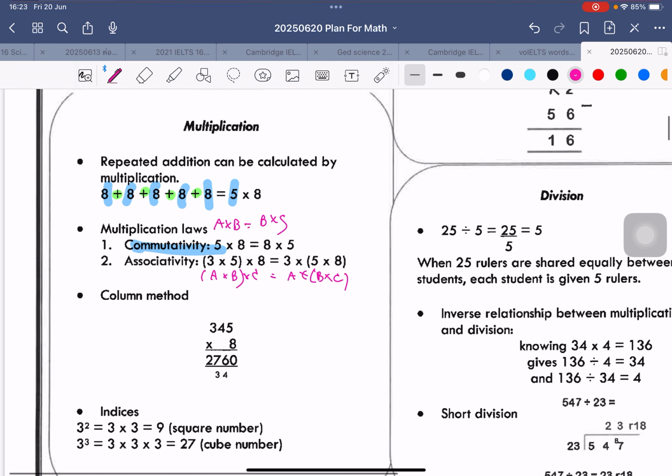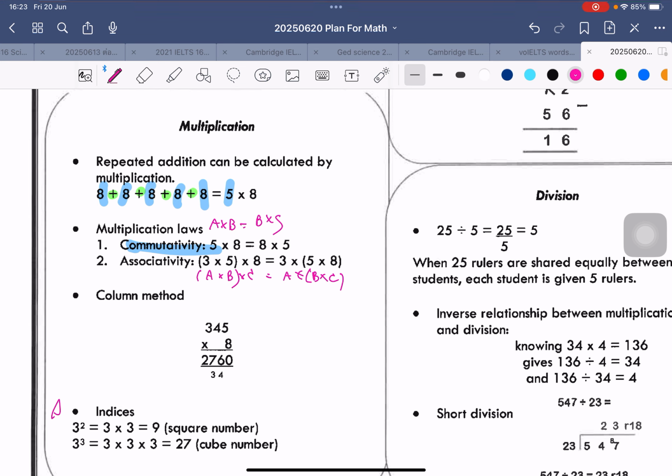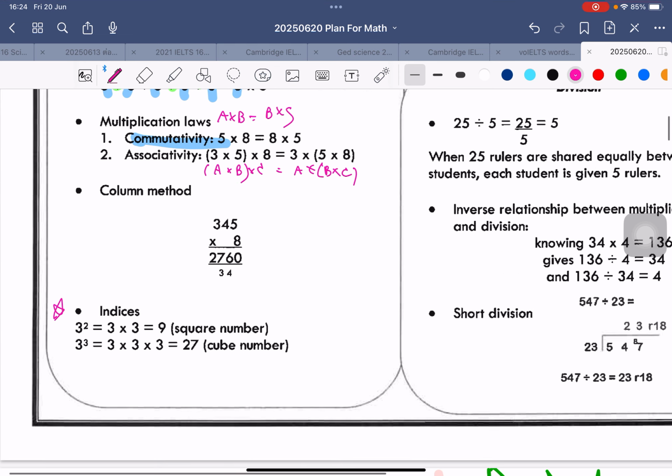So we have the column method to make it easy, or even sometimes it will be the harder one. We count when we index, right? So here this will be the index, and in the next step we will study exponential functions.